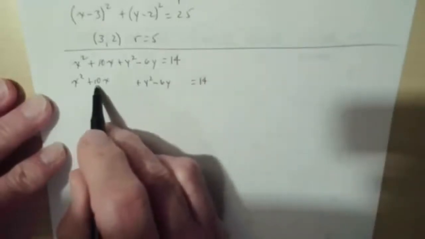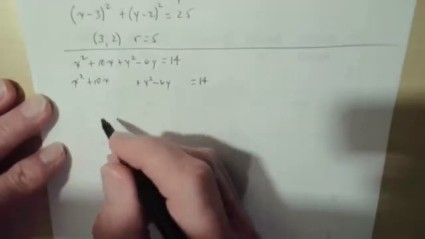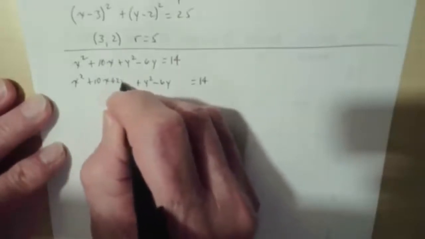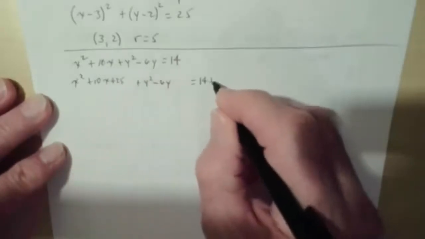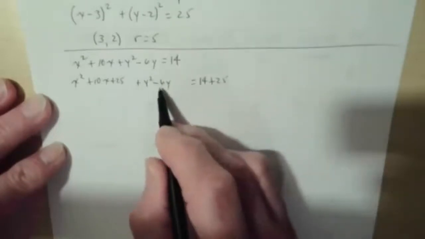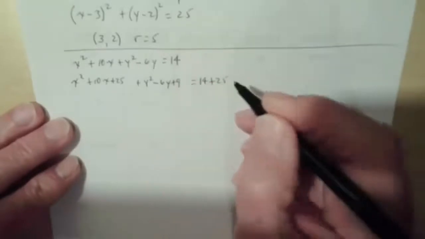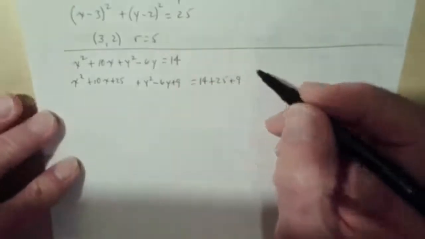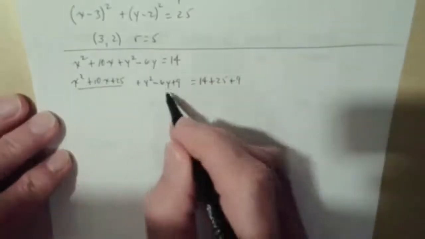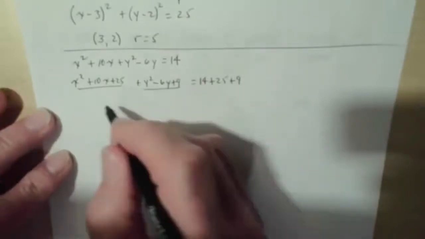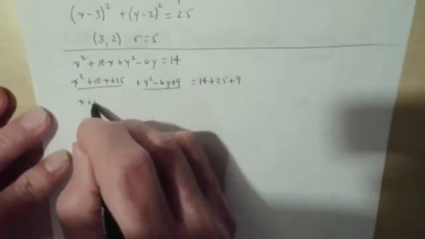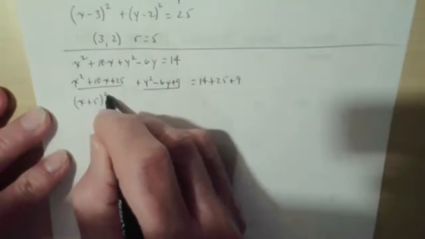Now half of 10 is 5. 5 squared is 25, plus 25. Half of 6 is 3. 3 squared is 9. Okay, so again, this is a perfect square and this is a perfect square. This is x plus 5, all squared.